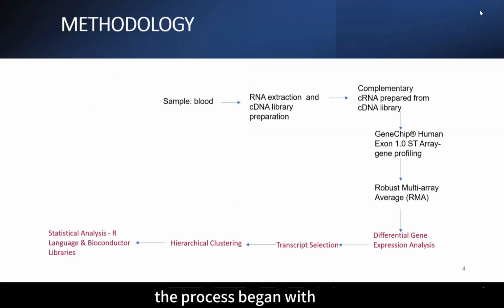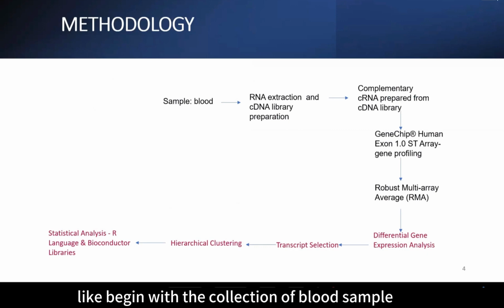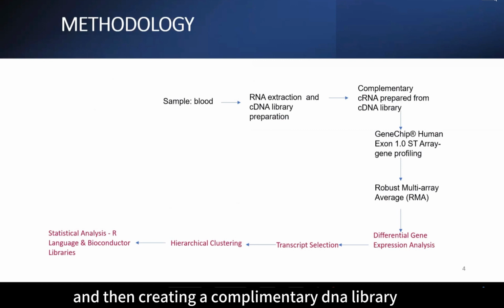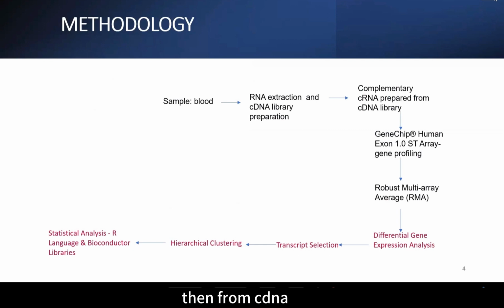Methodology. The process began with the collection of blood samples, then extraction of RNA, and then creating a complementary DNA library. Then from the cDNA, a cRNA library was prepared, and using this library, gene profiling was done using the GeneChip Human Exon 1.0 ST array.